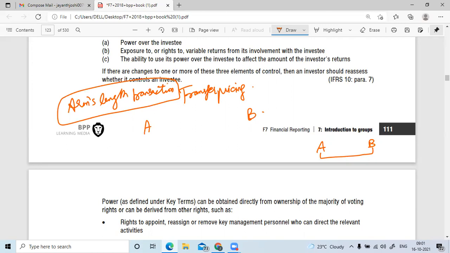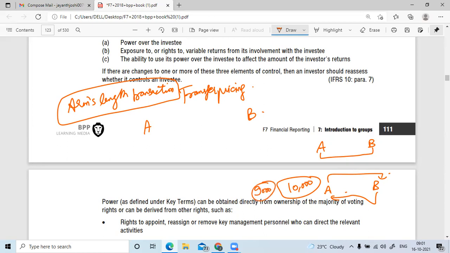Suppose there is A and there is B, and A is B's brother. Now B goes to A's shop and says, I want some 10,000 rupees worth of goods. And A says, fine, I'll give you. Now when it comes to paying, B says, I'll give you 9,000.